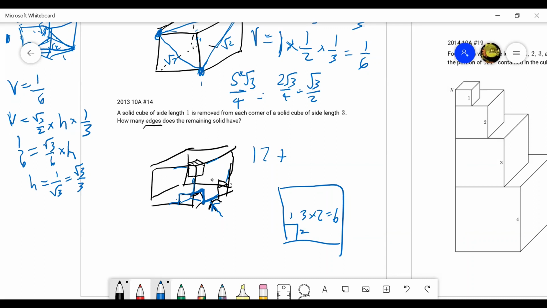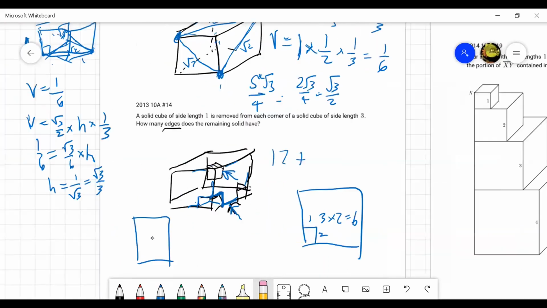It's much easier to visualize for this top unit cube.